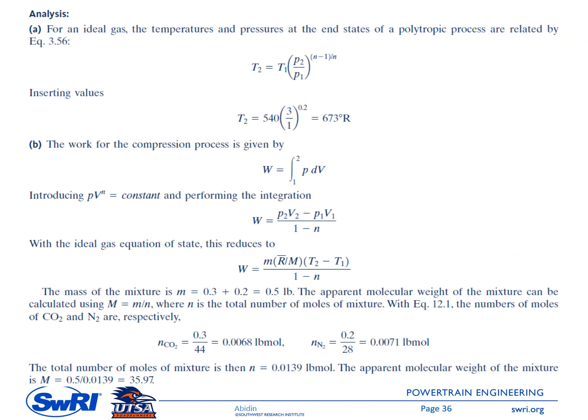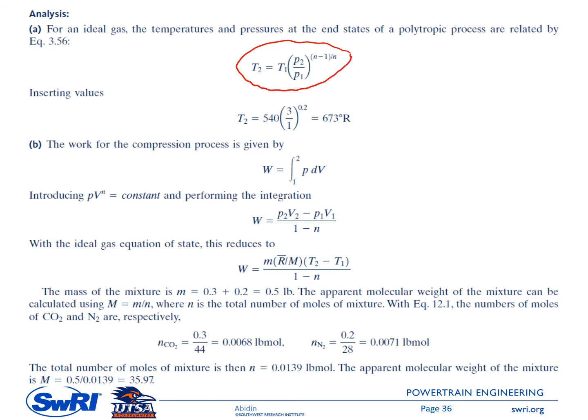The first question is the temperature at the end of the compression process. So this is a polytropic process, and the temperature and pressure at the end state of a polytropic process are related by equation 3.56. This is chapter 3 in Thermo 1, and equation 3.56 is shown in this slide.